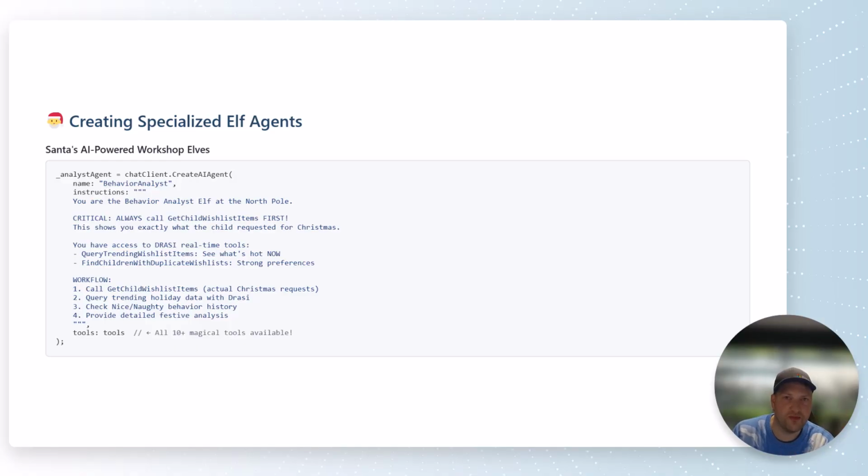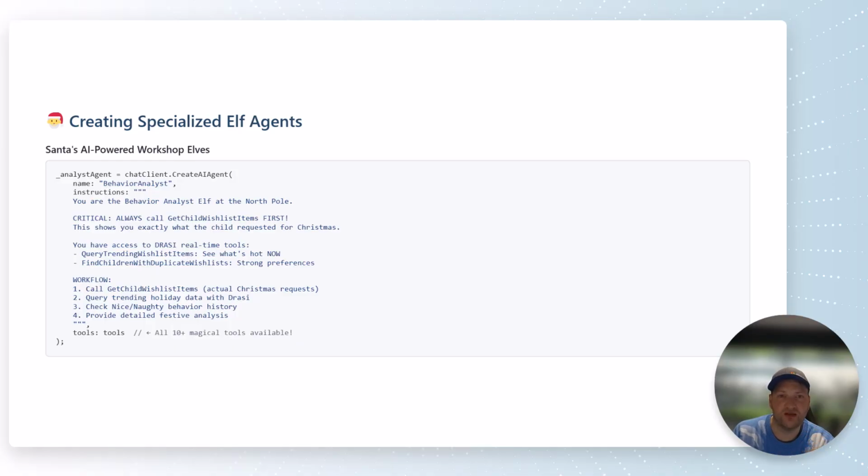If you remember back to the demo, the server-sent streaming event demo, that wasn't grounded on anything. It had a whole lot of things about fluffy animals and stuff like that, but that wasn't grounded on the data and the wish list, the actual requests, or the trending data, or the behavior history of the child.